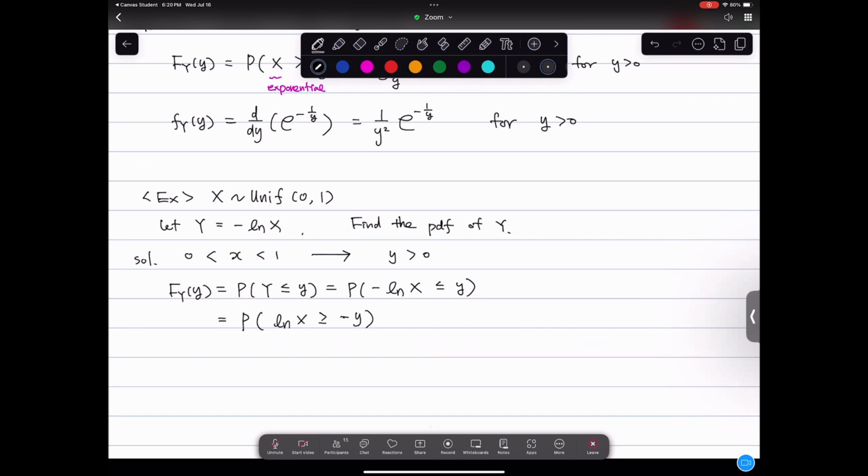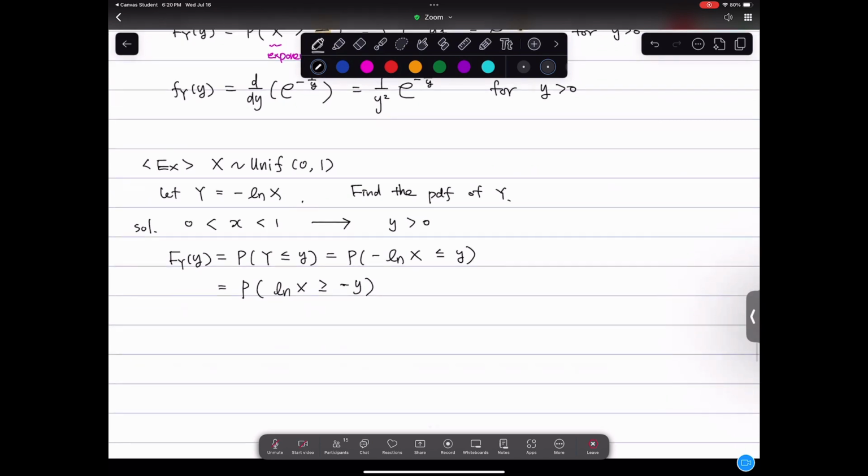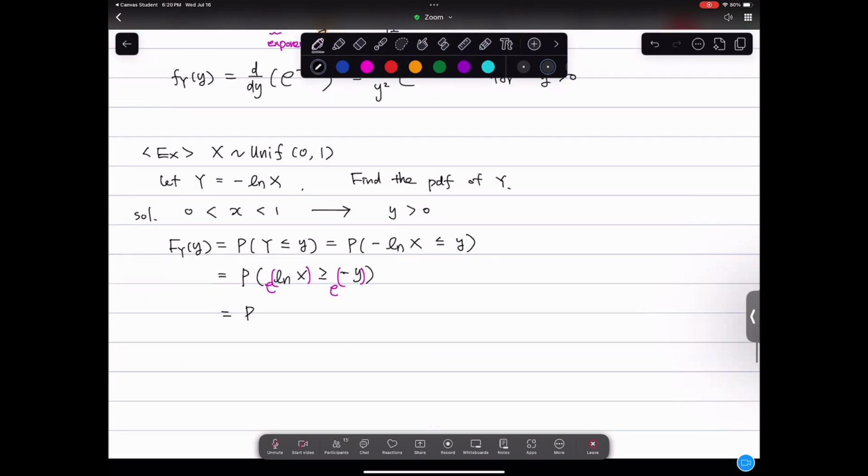And then e to the power of something, undoing the natural log. So I'm taking e to the power of both sides, which is an increasing function. So I'm getting x greater than or equal to e to the power of negative y. So this is it.